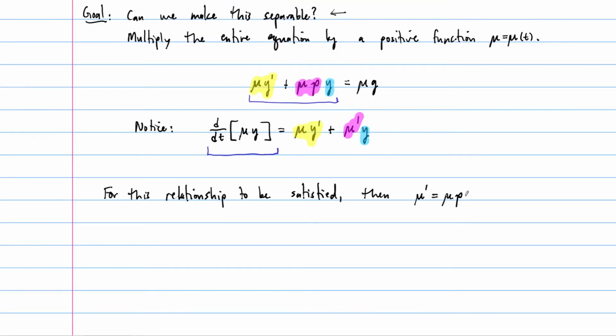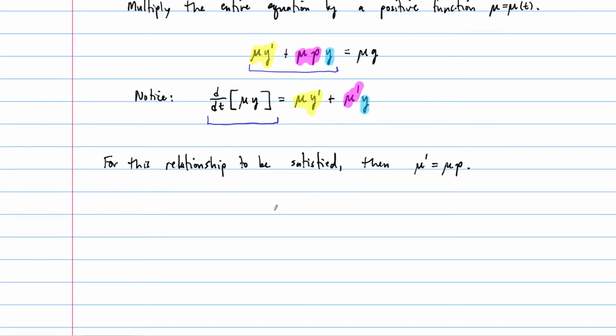And remember that everything here is a function of t, so d mu by dt has to equal mu times p of t. Remember, p is a function of t. And this is the kind of equation, this is separable. This is the kind of equation that we've studied from the very beginning, even from lecture 1. So that's good news, because we know how to solve separable equations.